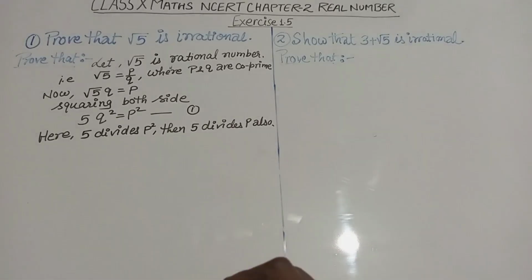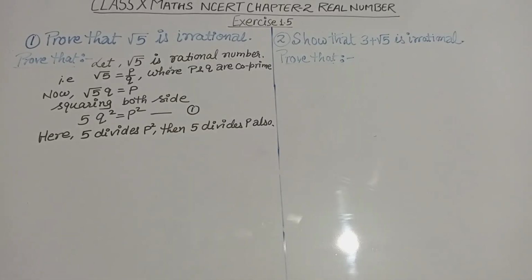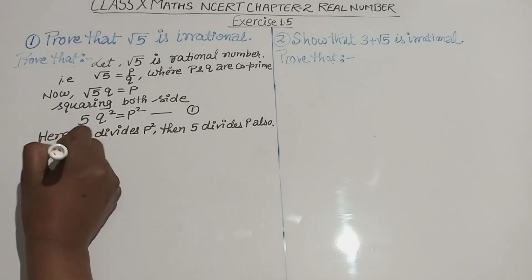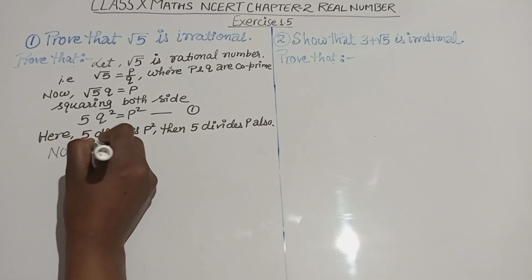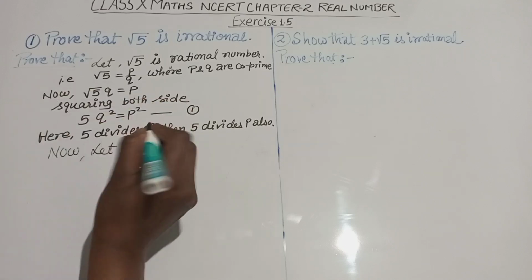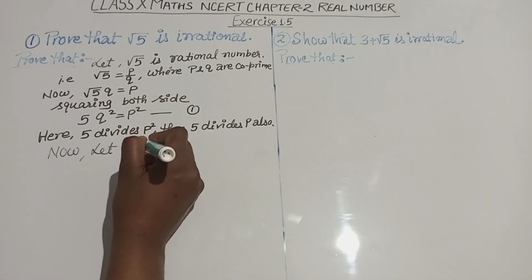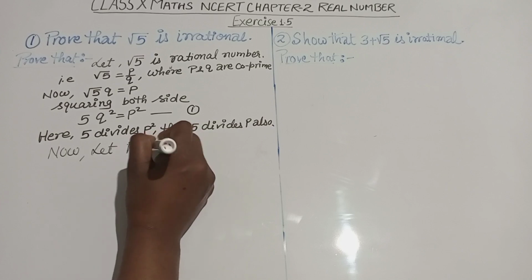Now 5 divides p, it means p is a multiple of 5. Let p be equal to 5r.